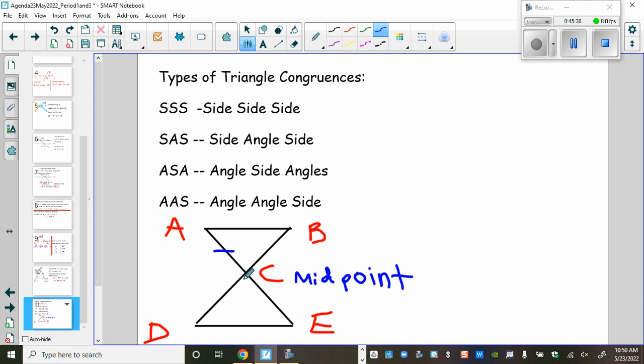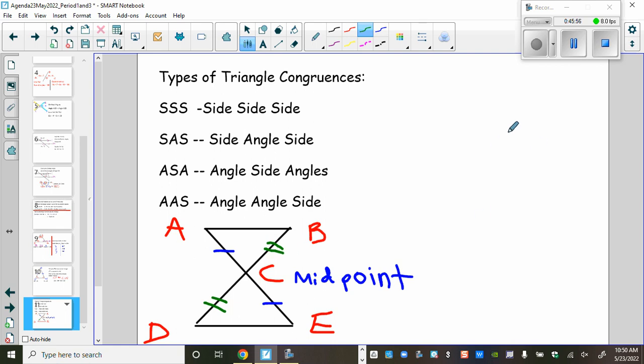What about from D to C and C to B? They're also congruent.